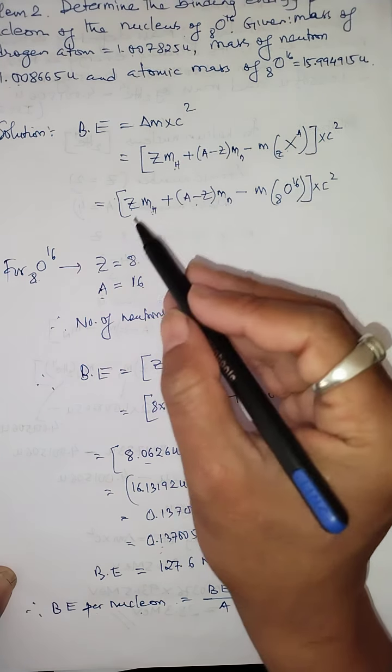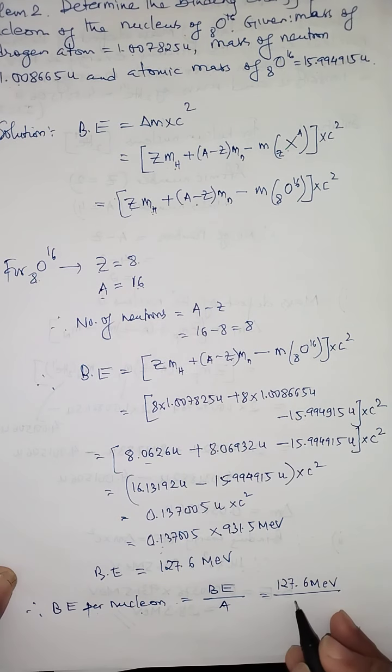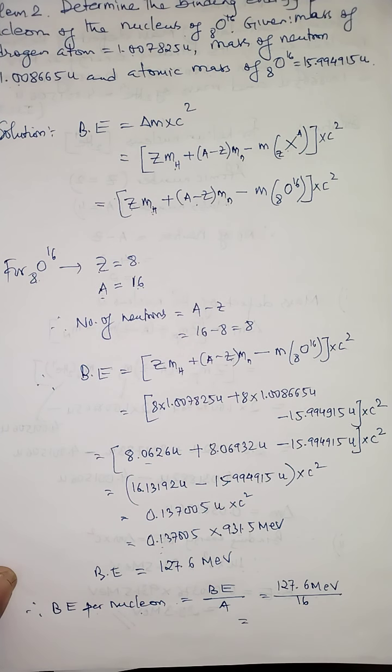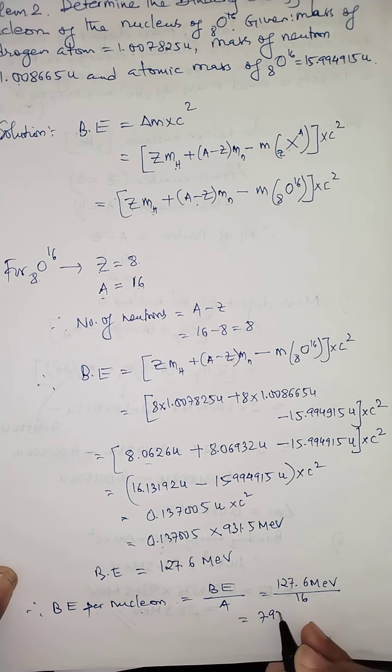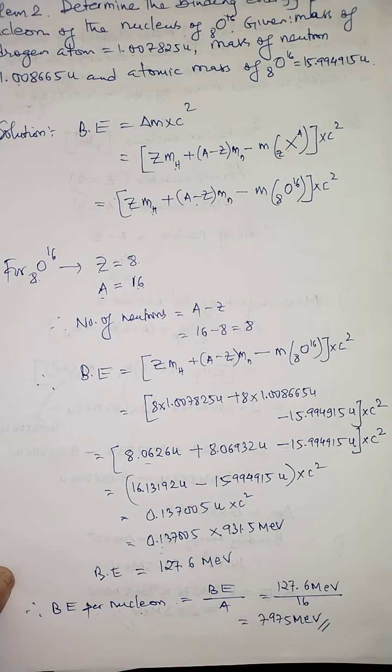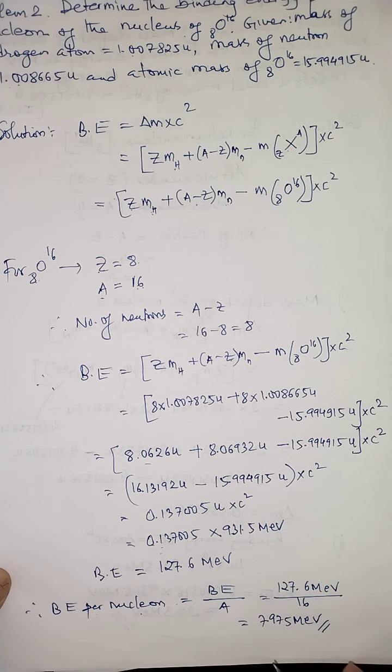For the oxygen atom, what is the mass number? Yes, 16. So we divide by 16. If you divide, you get approximately 7.975 mega electron volt.